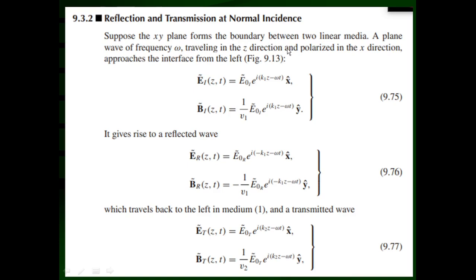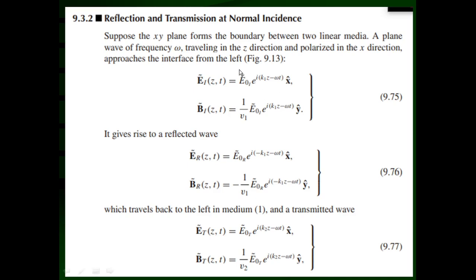You can consider that electromagnetic waves are propagating from left to right, and that direction is the z direction. When the electromagnetic waves propagate in the z direction, the wave fronts perpendicular to that will be the xy plane. So the xy plane is propagating with velocity v in the z direction.